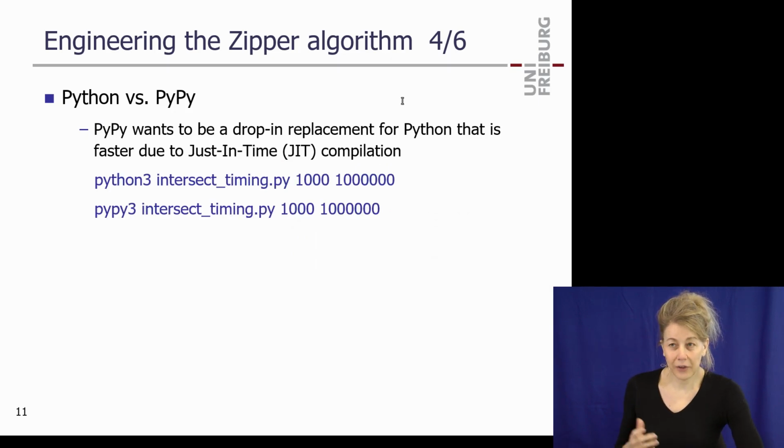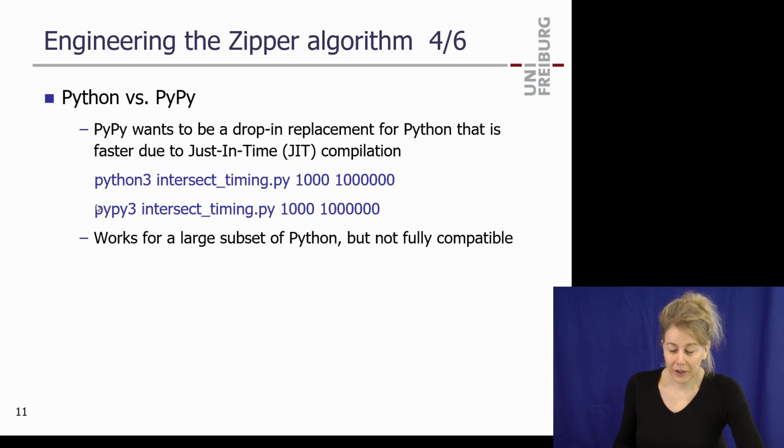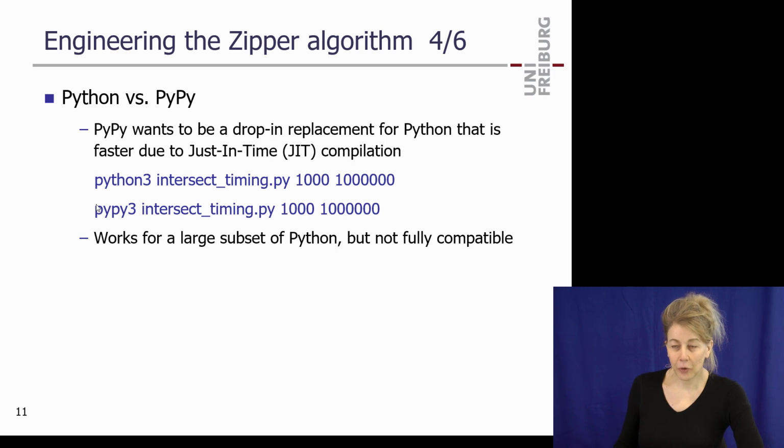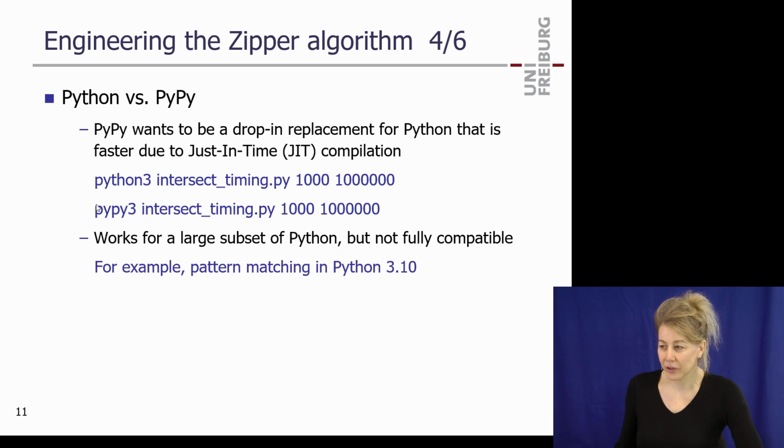And the great thing is, I wonder why not everybody does this, you should always try PyPy. You have code, just run it with PyPy. If it works, maybe it's much faster. If it doesn't work, it's a big project, and of all the projects I just named, maybe the biggest one. Their goal is to be almost fully compatible, which is very hard because Python has so many features.